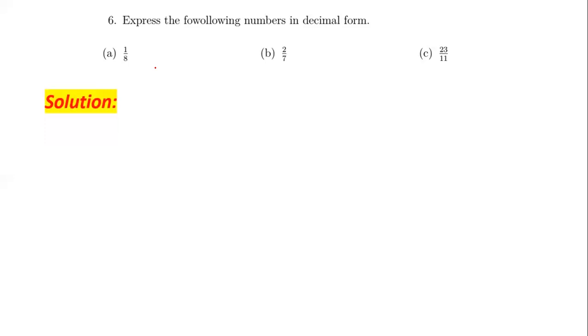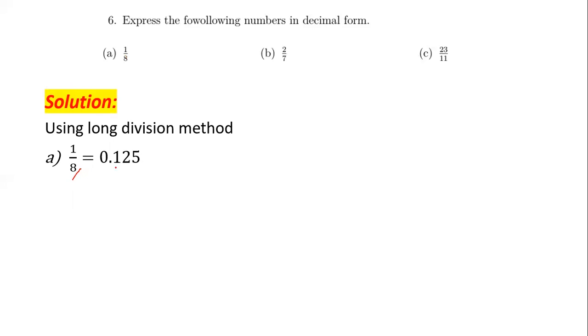Using this technique, for example the first one, if we divide 1 by 8, we obtain this terminating decimal, which is 0.125. That means we have to divide until we obtain a remainder that is 0, or a digit which repeats itself in a certain pattern.